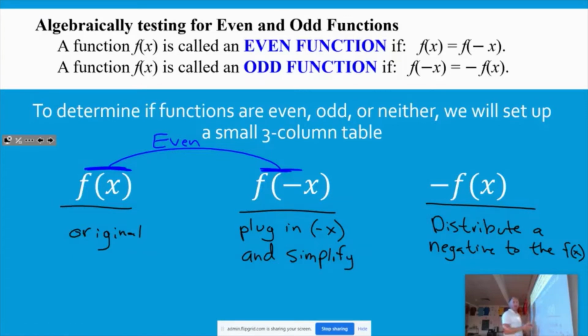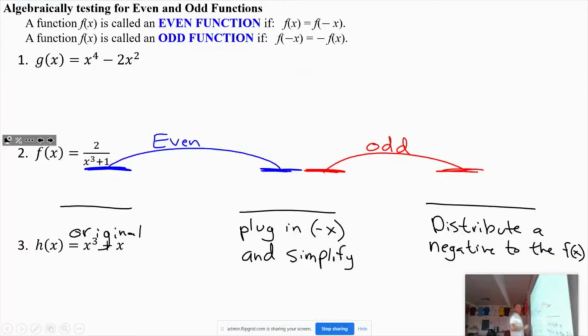If they're not equal, then you go on to the next step and you compare f of negative x with negative f of x. And if those 2 are the same, then it's odd. If none of them are the same, then it's neither. All right, those are your 3 situations.